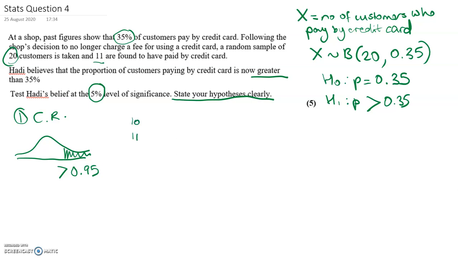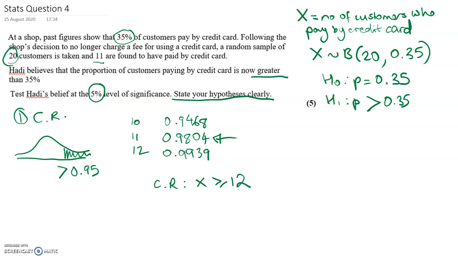So if I just list 10, 11, 12, I end up with these probabilities. 0.9804, 0.9939. So which one of these is the first one that comes above 0.95? It's this one, isn't it? X is 11. So my critical region is going to be X greater than or equal to 12.